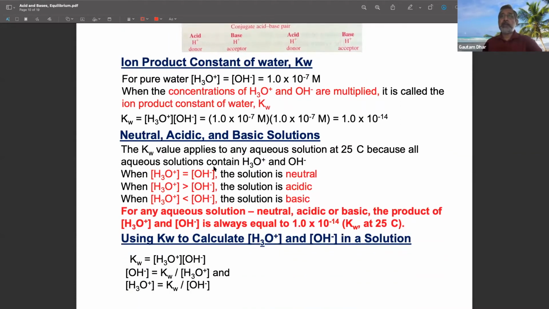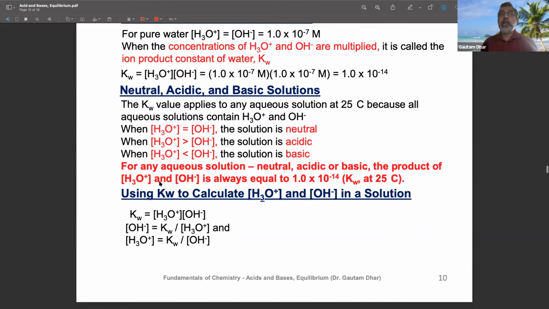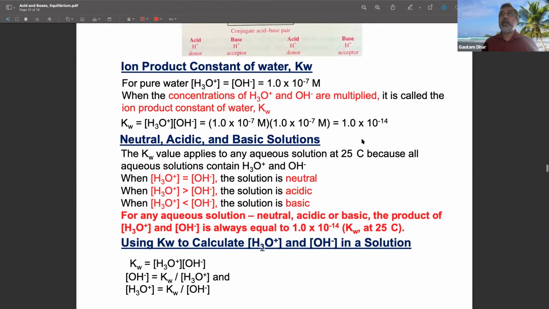Now, if we add something, and if the H3O plus increases, then we call it acidic. If the concentration of OH minus increases, we call it basic. So for any aqueous solution that is neutral, acidic or basic, this product is always going to be constant, because this comes from thermodynamic considerations.